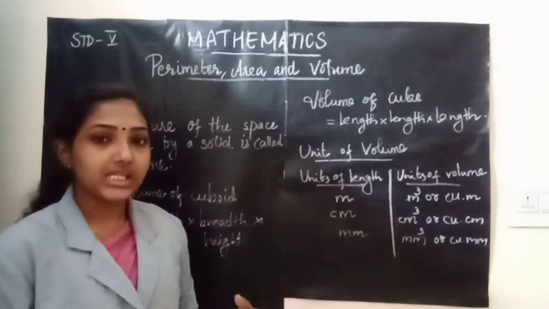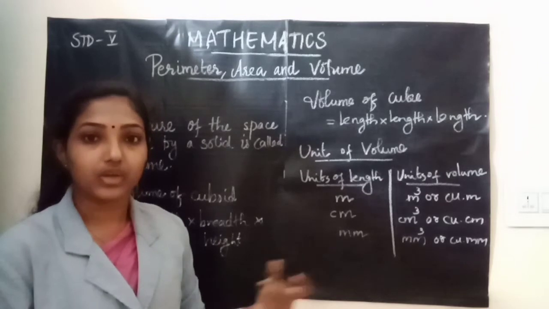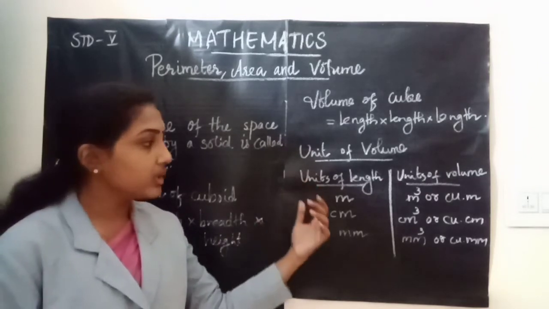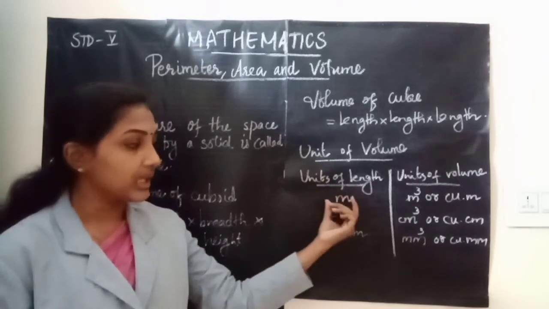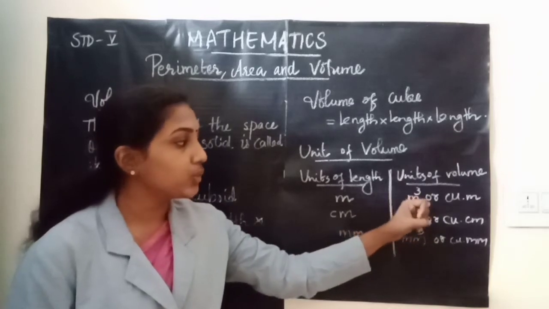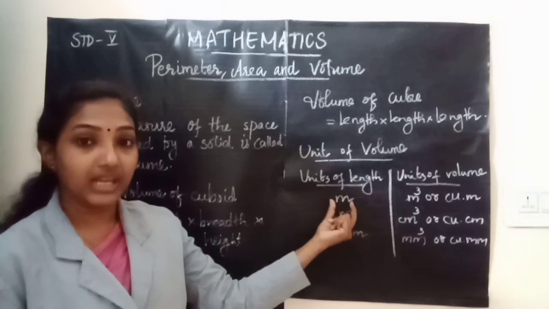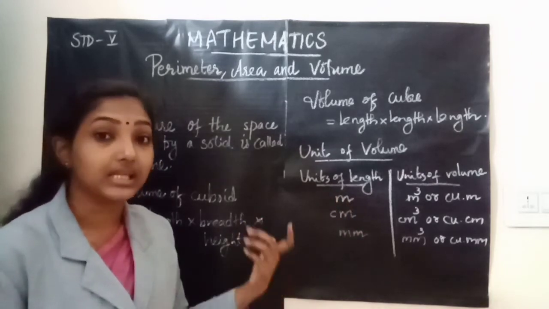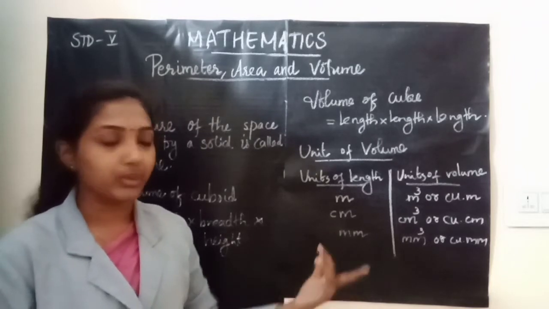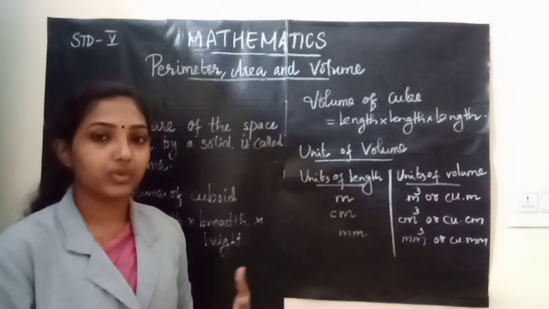Okay, and here also, as we discussed in the topic area, the units are very important. Units of volume: when the length, breadth and height are given in meter, the volume of the cube or the cuboid will be meter cube, or cubic meter.